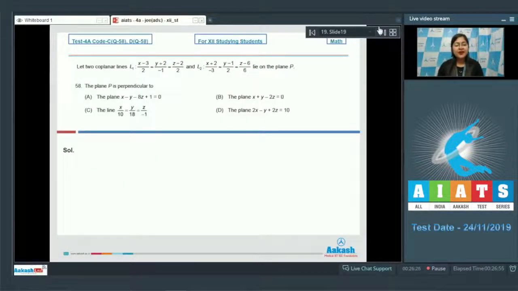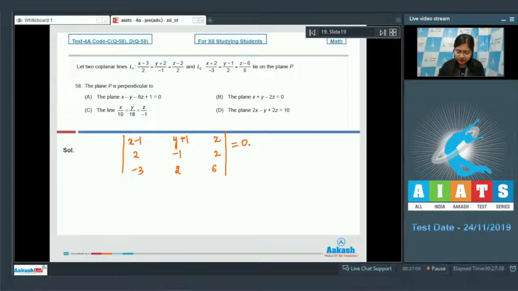Now we have to find the plane P is perpendicular to which of the line or plane. So basically we have to find the equation of the plane. As the plane is passing through the point 1, minus 1, 0, we can write it as this, and direction ratios of any two lines, and that is 2, minus 1, 2 and minus 3, 2, 6.